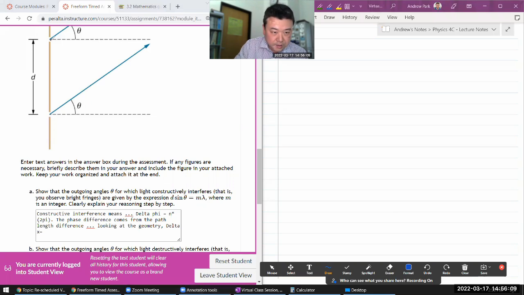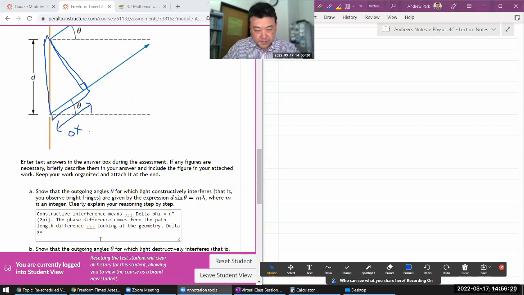So it's this geometry I'm thinking of. Drop down a perpendicular line. It's this right triangle that gives you the geometry to figure out this delta x here. So delta x is equal to the hypotenuse times the sine of theta, and you need to work out that this is a theta as well.